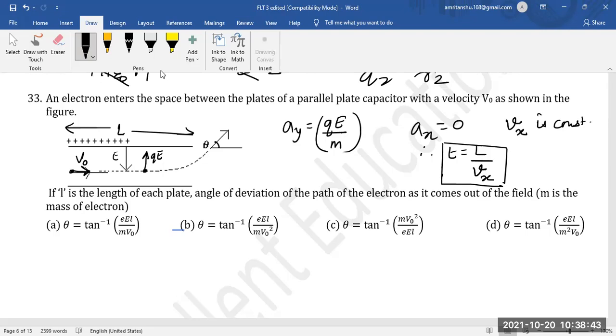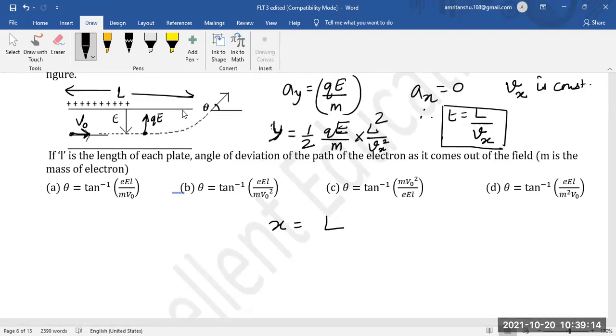So now this displacement along y will be how much? Displacement along y is half of ay into t square, and displacement along x is L, and we all know tan theta is how much?